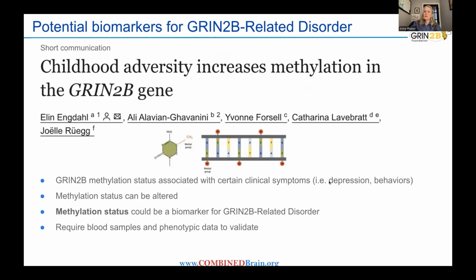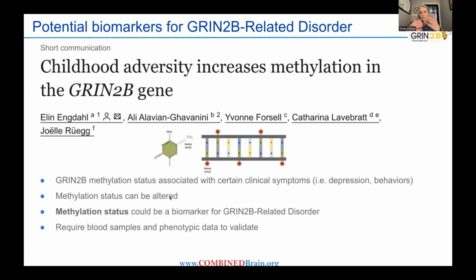In this paper, they found it to be heavily associated with certain emotional problems or depression and different types of aggressive and non-aggressive behaviors. The interesting thing about this is that methylation status can be altered, both environmentally, and there are more targeted approaches being developed right now to change the methylation status of specific genes.